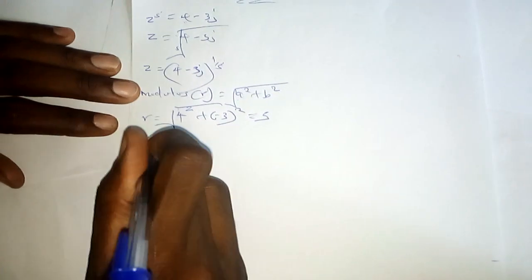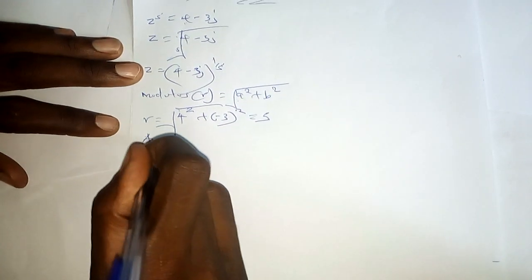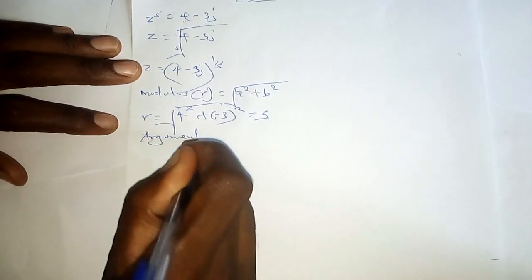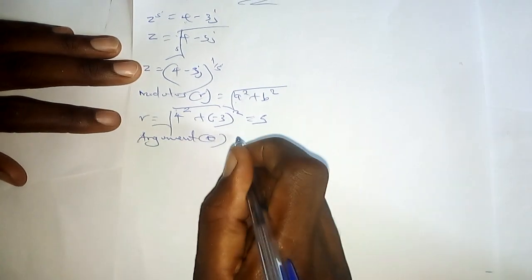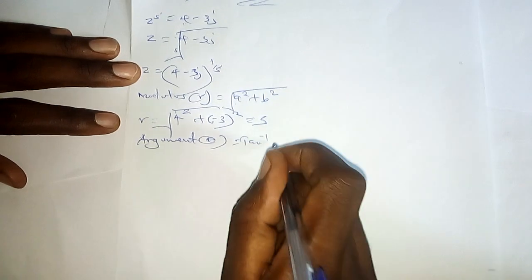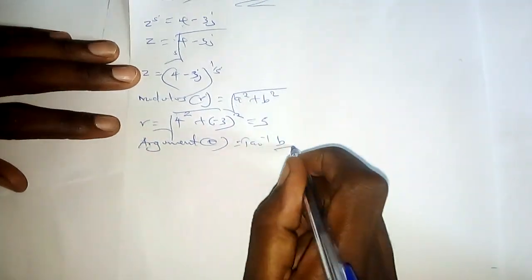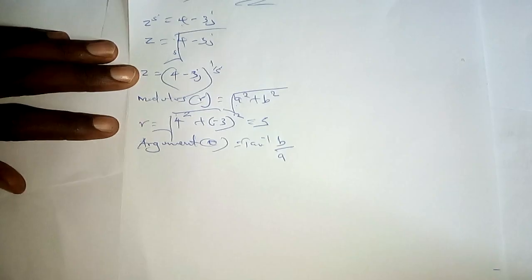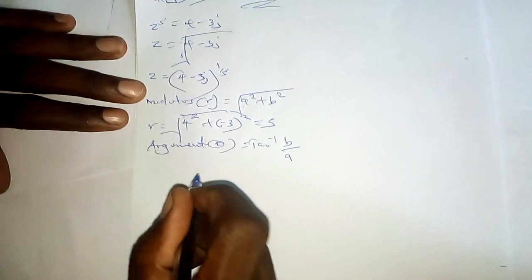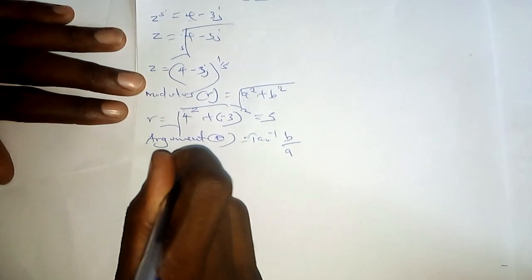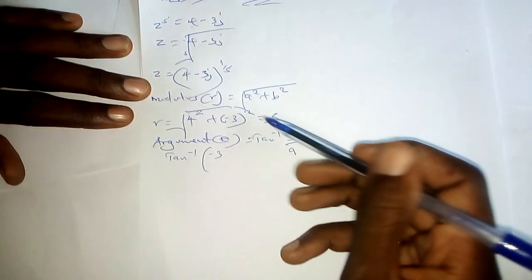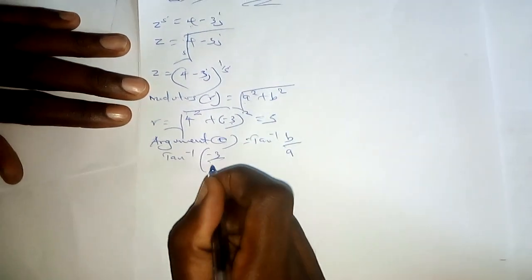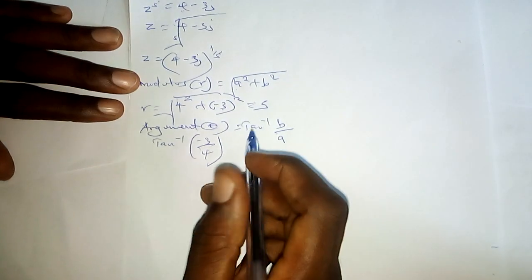After getting the modulus as 5, let us calculate the argument theta. The argument theta is tan inverse of the imaginary part over the real part, so tan inverse of negative 3 over 4.